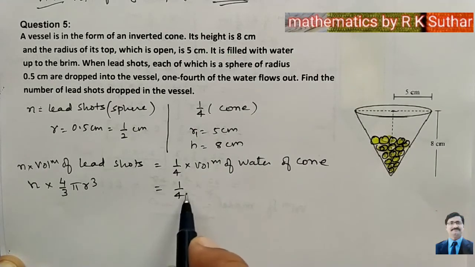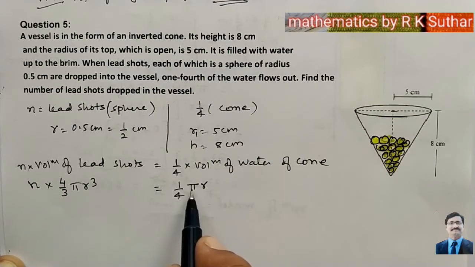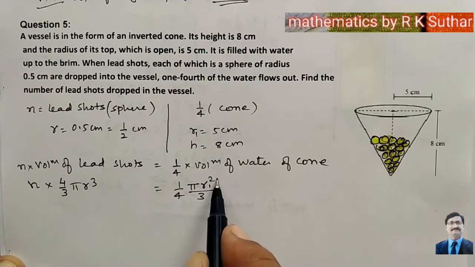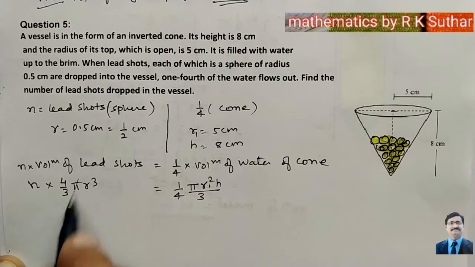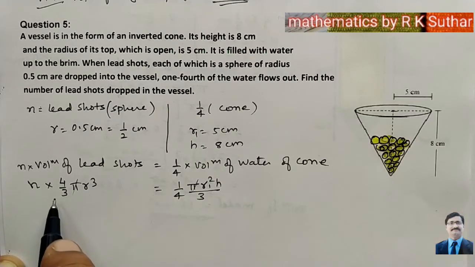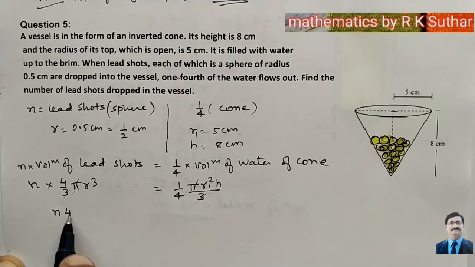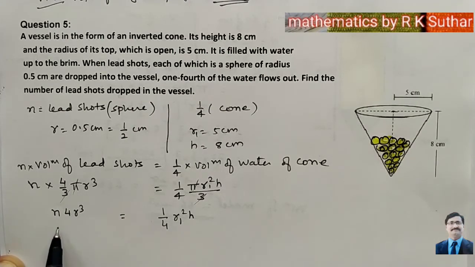So 1/4 we can write here, volume of cone is 1/3 pi r1 square and h. This pi and pi we can cancel, 3 and 3 we can cancel, remaining n into 4 r cube equal to 1/4 r1 square and h.